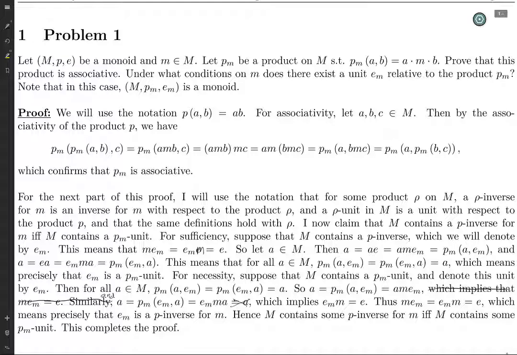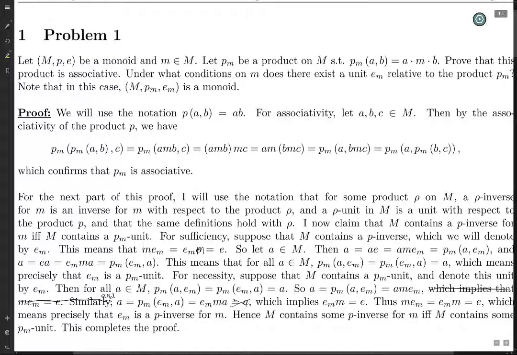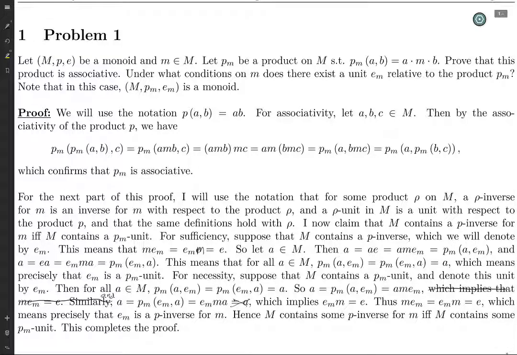EM is a PM unit. Okay, let's review this. EM is a PM unit, meaning that PM AEM equals PM EMA equals A. Expand that. That means that EMMA and AMEM both equal A. So these are not the same thing. Yeah, I'm not convinced that this is working.